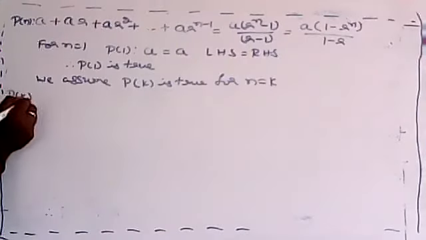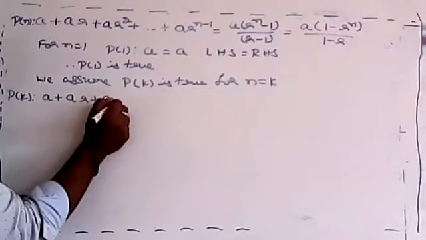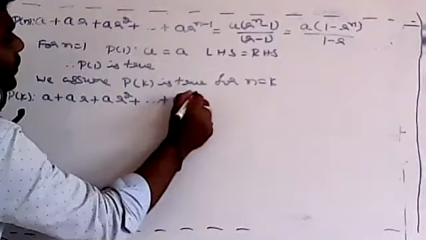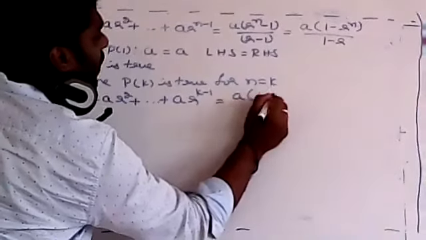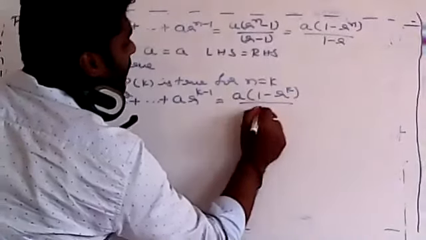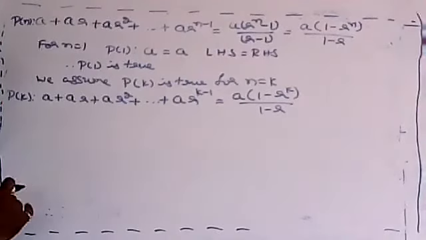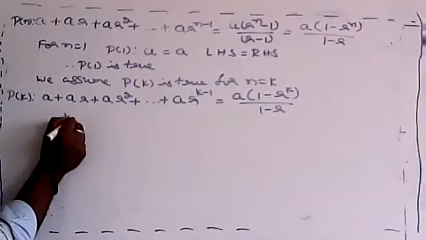P of K: A plus A R plus A R square plus so on up to A R to the power of K minus 1 is equal to A into 1 minus R to the power of K divided by 1 minus R. Correct? Okay. Now I'm directly solving for the next one, that is the K plus 1th term. Can you tell me what is the K plus 1th term here?